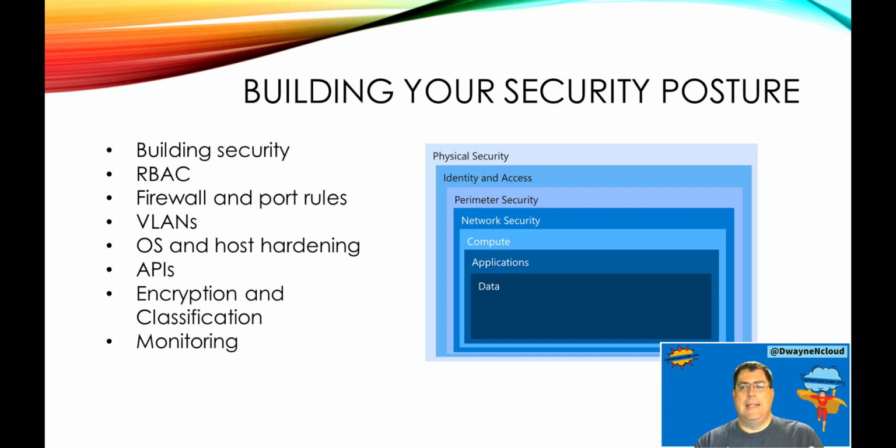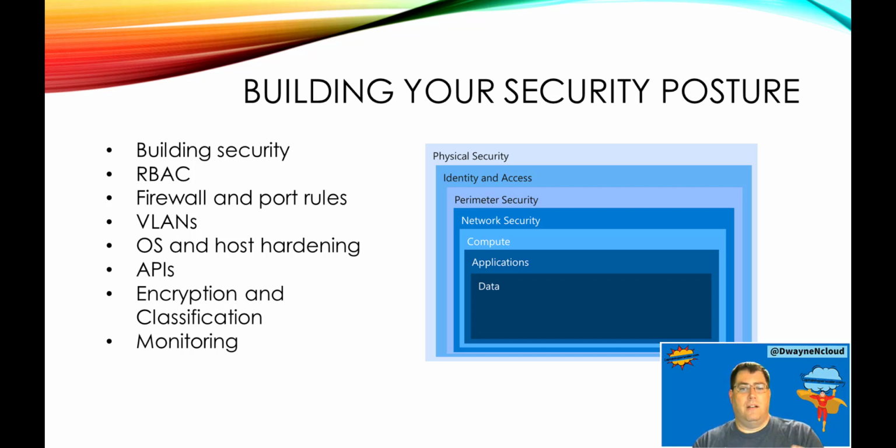As you look at these different layers of physical security, identity and access, perimeter security, network security, compute, applications, as you build your way down to data, there are three key layers here that we're going to talk about as we talk about the services.